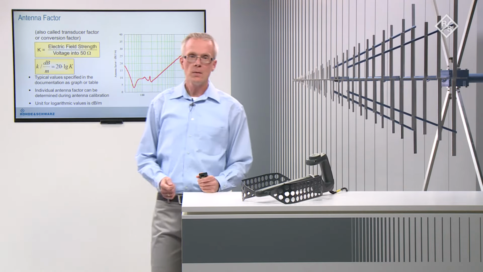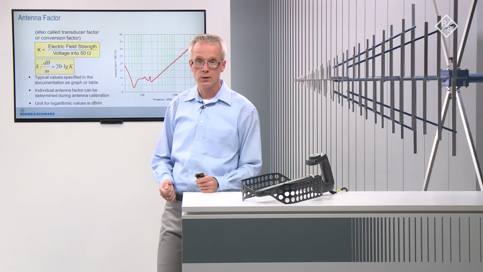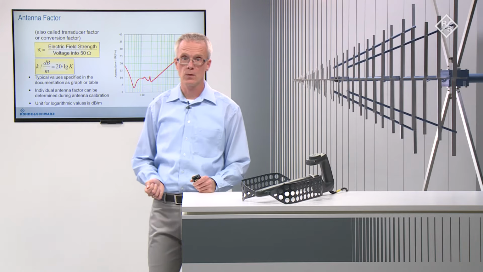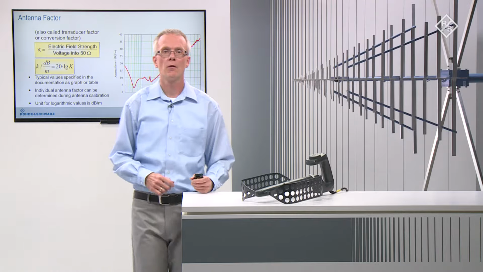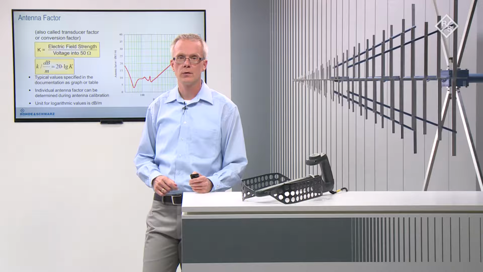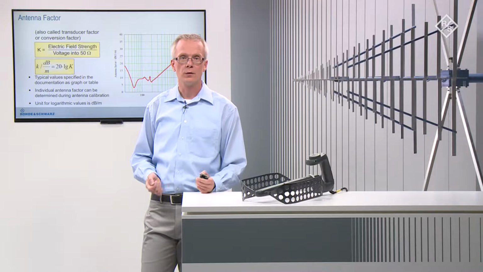The antenna factor, or often called the transducer factor or conversion factor, is defined as a ratio of electrical field strength and the voltage measured at the feed point of an antenna with a 50 ohm input.